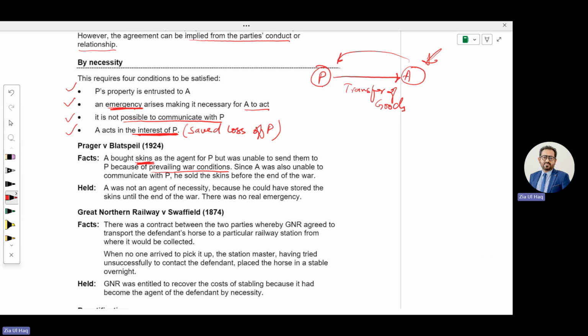A bought the skins, but was unable to deliver them to P on time due to war conditions. Since A was also unable to communicate with P, he sold the skins before the end of the war, saying, I sold because I was working as your agent.